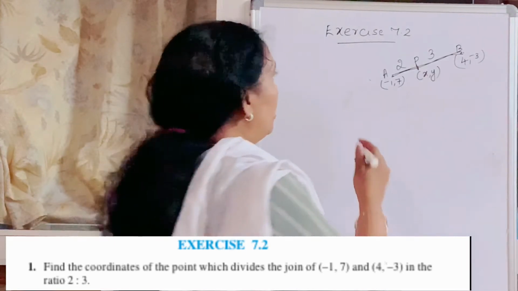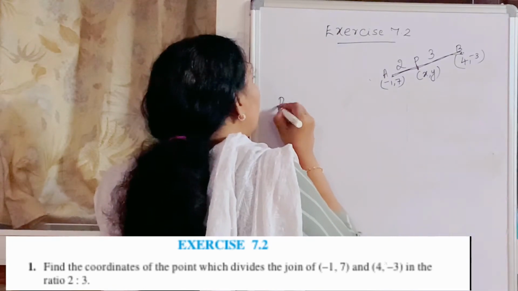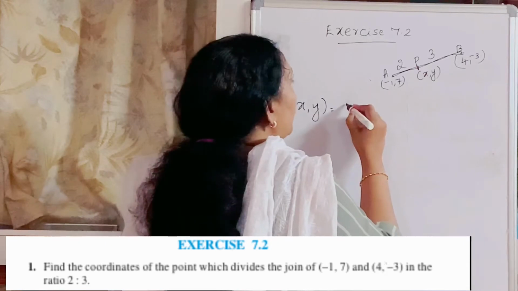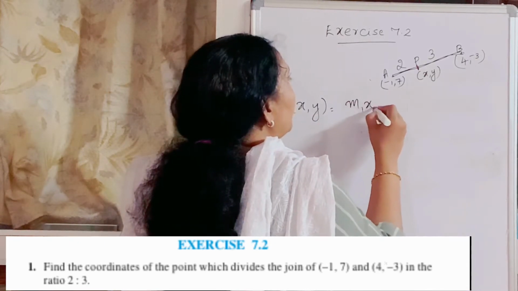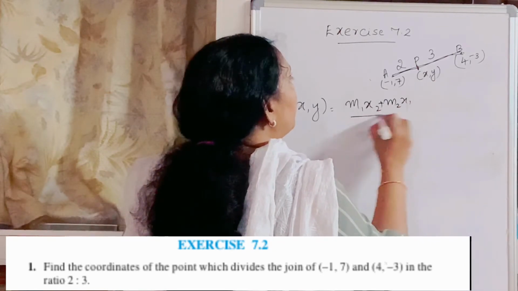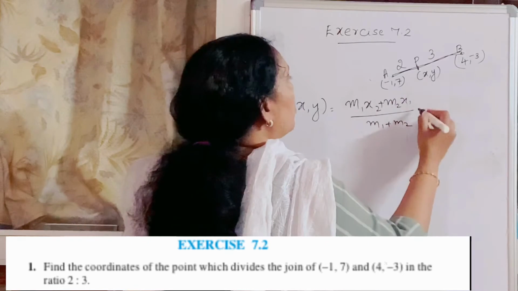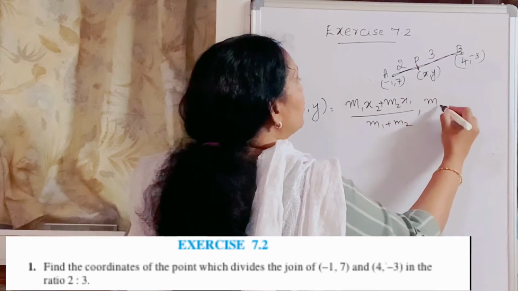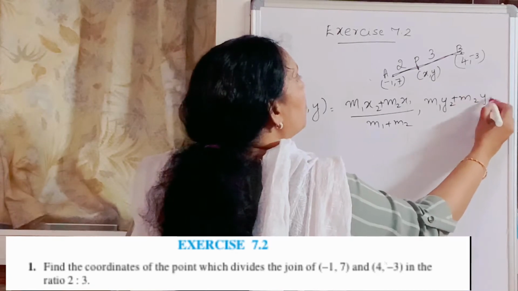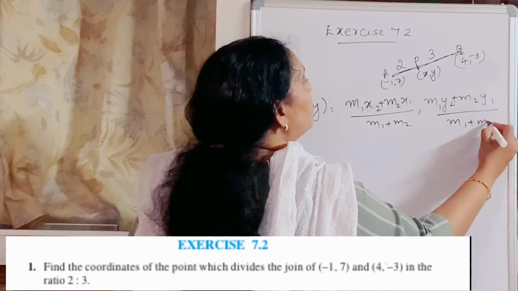Now the question is to find the coordinates of the point P. Section formula. The point is m1 x2 plus m2 x1 by m1 plus m2. That is the x coordinate. And the y coordinate is m1 y2 plus m2 y1 by m1 plus m2.